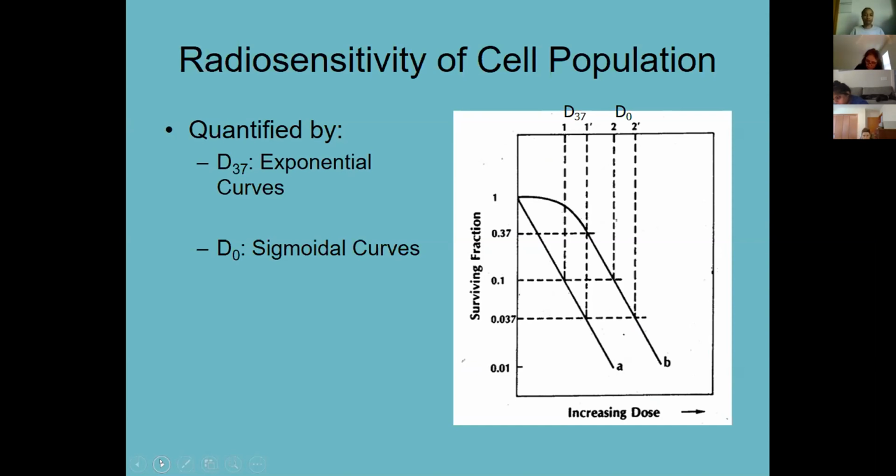So remember D sub Q, that was the quasi-threshold dose for sigmoidal curves. D sub 37 is a measure of radiosensitivity for exponential curves. D sub 0 is a measure of radiosensitivity for sigmoidal curves.